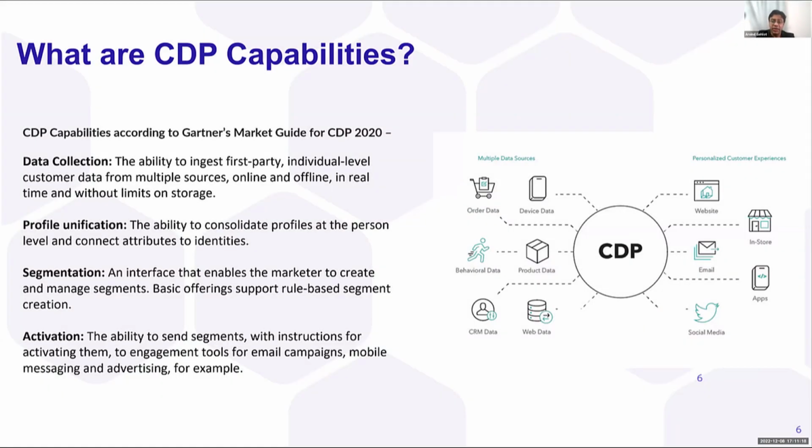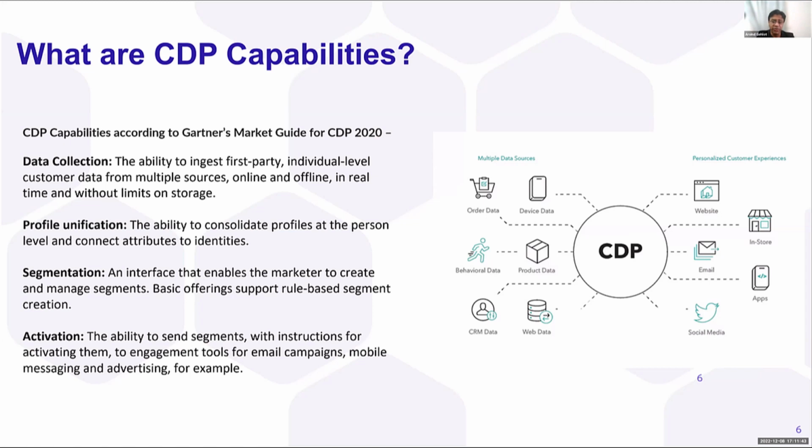We learned when an organization needs CDP, but what are the core capabilities that every CDP must have? So I have listed down here the key capabilities of CDP. The first is data collection from various sources, which is very important to process and clean the data in the CDP platform.